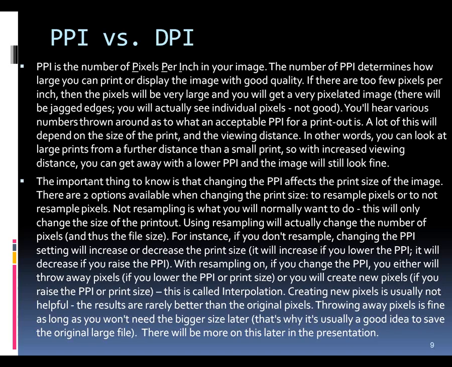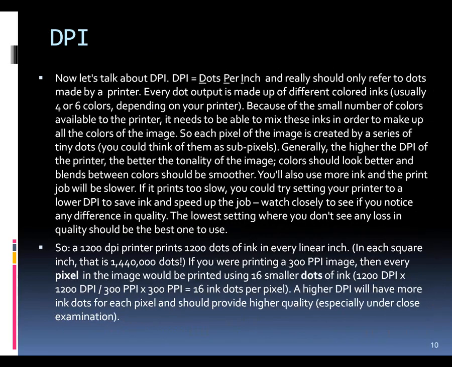A lot of people use the term DPI to mean PPI, and I very well might do this during this presentation, so don't let it throw you off. I should say PPI, but sometimes I say DPI. And here's the slide actually talking about DPI. Again, pause your screen if you'd like to read this part.